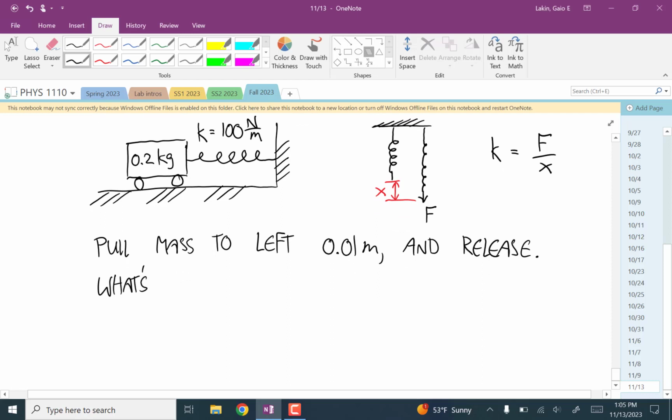What'll happen is that mass will oscillate back and forth, okay? Sometimes it'll be going slower and sometimes it'll be going faster as it oscillates. And we want to calculate what's the fastest this cart will be going. So what's the fastest speed during that oscillation?